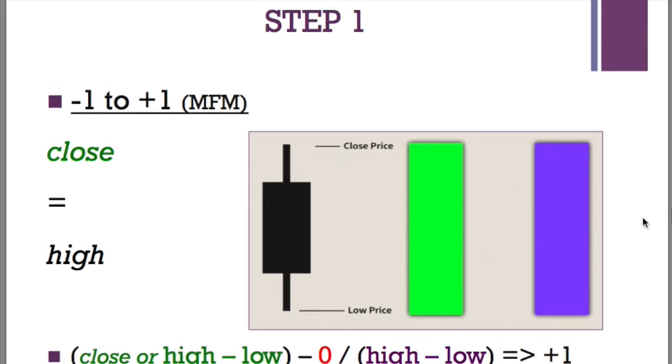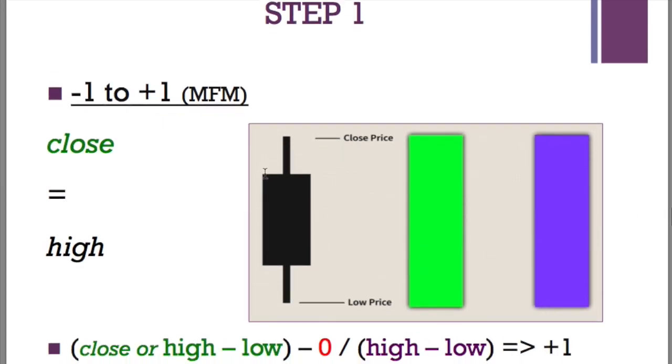Then the other extreme case, the close is the high. So the close price is the highest price. And again, we look at the formula. The close minus the low, but the close is the high. So we actually get here high minus low. Here the rest of the formula, high minus close, but the close is the high. So high minus high is 0.